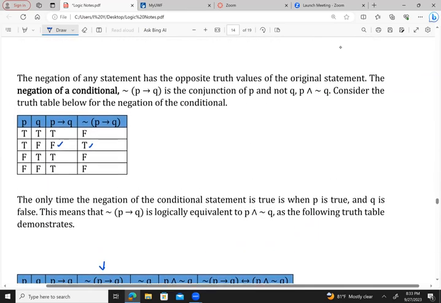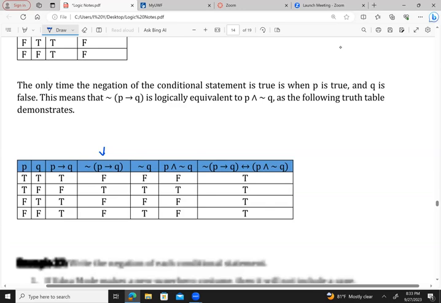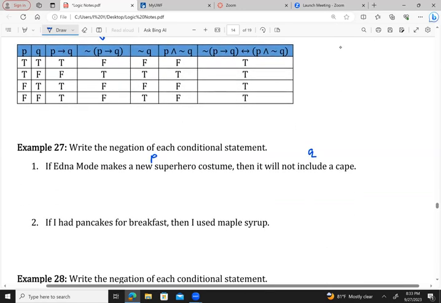And let's double check: it's P and not Q. So Edna Mode makes a new superhero costume, and negation of Q, it includes a cape.